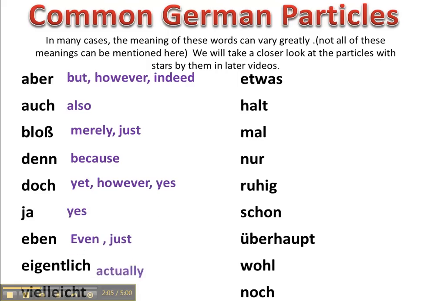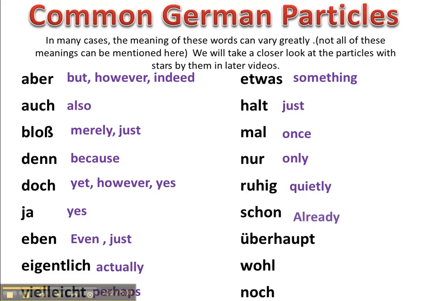Eigentlich, actually. Vielleicht, perhaps. Etwas, which by itself means something, but it can take many different meanings. Halt, it's kind of like saying just. Mal, once. Nur, only. Ruhig, quietly. Schon, already. Überhaupt, anyway. Voll, which is probably.